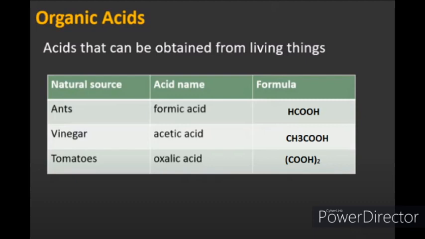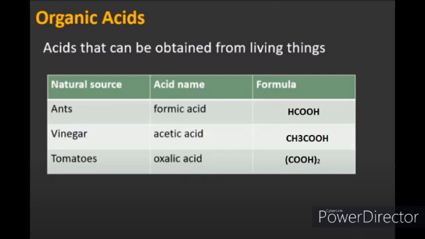Ants consist of formic acid, vinegar consists of acetic acid, tomatoes consist of oxalic acid. The formula of formic acid is HCOOH, acetic acid CH3COOH, and oxalic acid is COOH twice.